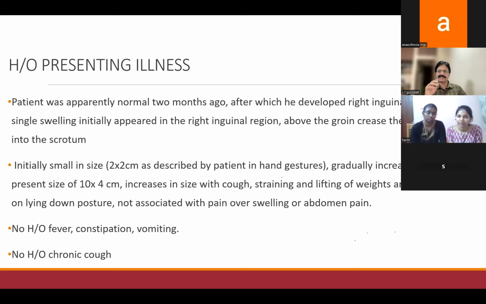Here coagulation factors are not synthesized, because the liver is very important for the production of coagulation factors. So the patient is more prone for bleeding diathesis. And in your history, you have not asked anything about bleeding diathesis, isn't it? How do you ask for bleeding diathesis? What questions will you be asking? Any bruises?